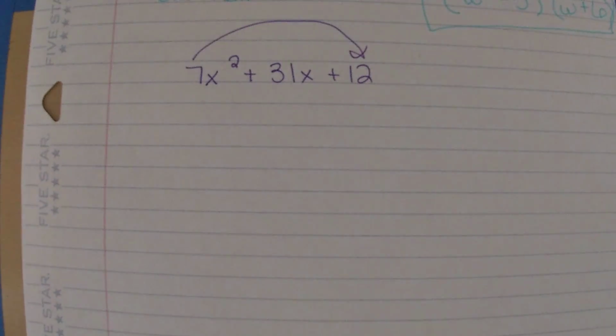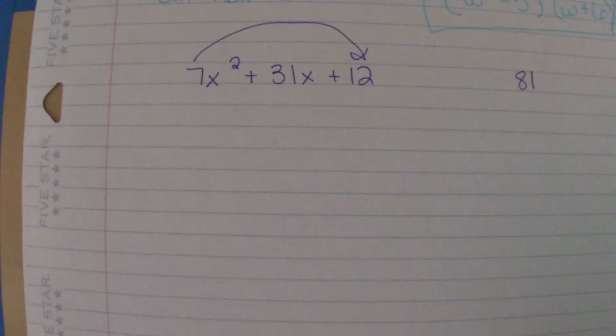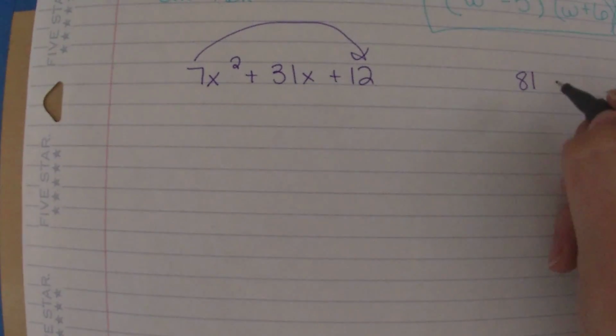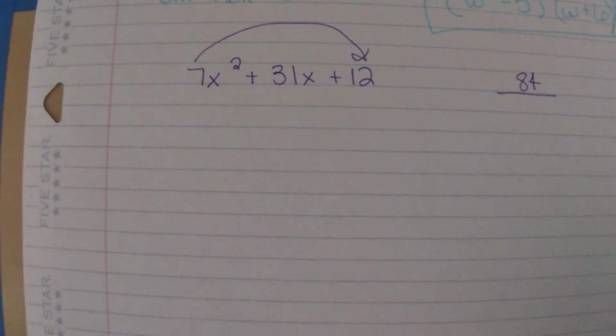We're still going to start this out the same. We're still going to take that a times c. That idea doesn't change. So we'll take 7 times 12, use a calculator or whatever you need, and we get, oops, not 81, 84. Then we're going to start listing our multiples of 84.